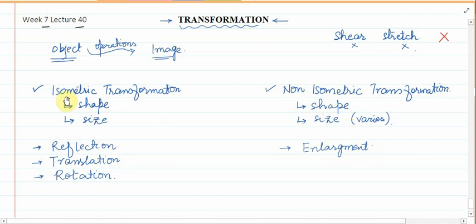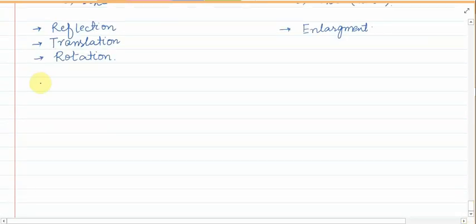So first we are going to start with the isometric transformation to give you the basic idea of the topic transformation. And in the isometric transformation, we are going to start with the reflection. So let's begin with reflection. Now, as you can perceive from the word reflection, it must be identical in two ways.